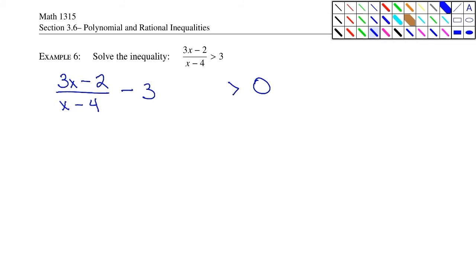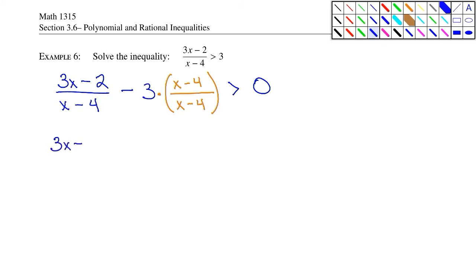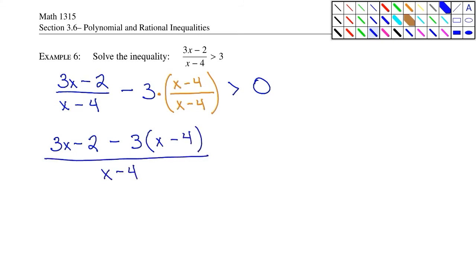Now I need to get a common denominator. The common denominator is x minus 4. So we're going to put x minus 4 over x minus 4 to create this common denominator. That gives me 3x minus 2 minus 3 times x minus 4 over x minus 4 is greater than 0.